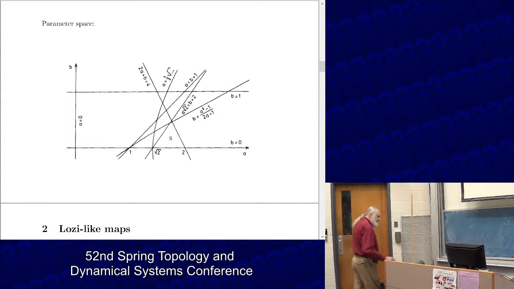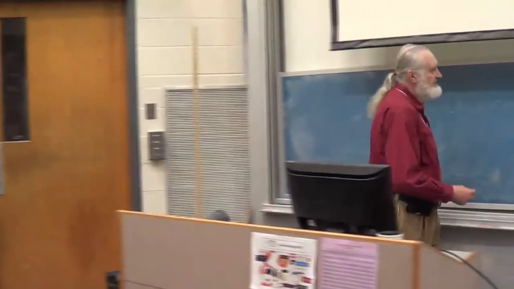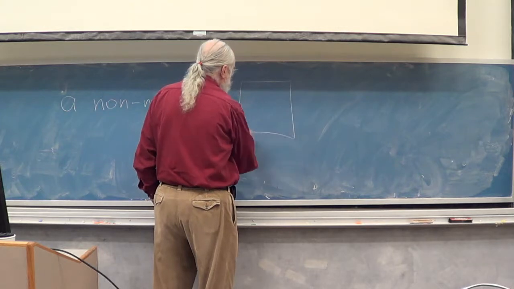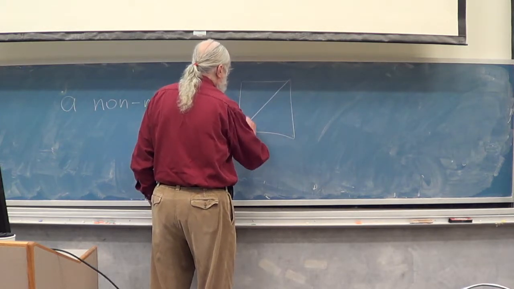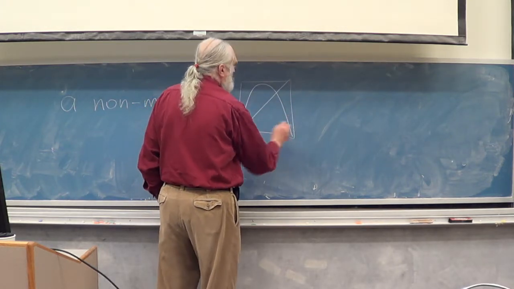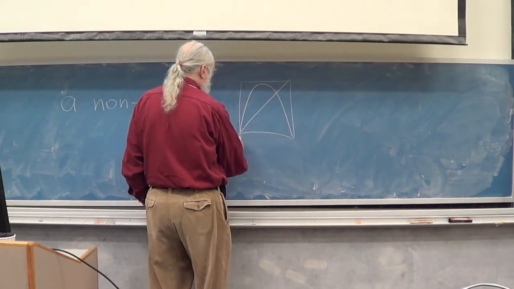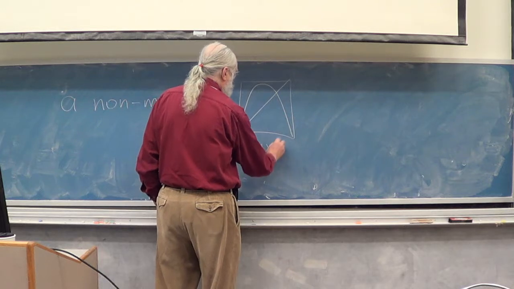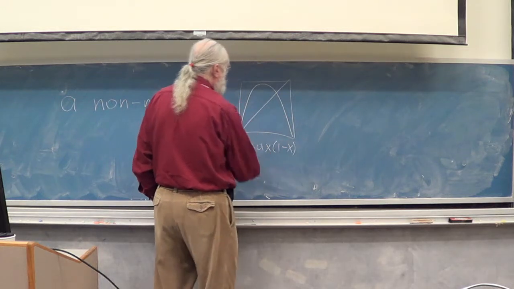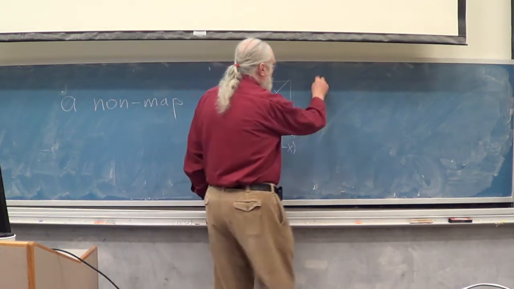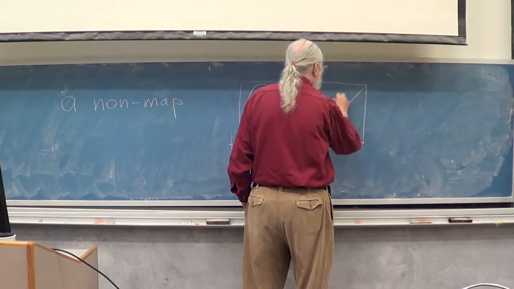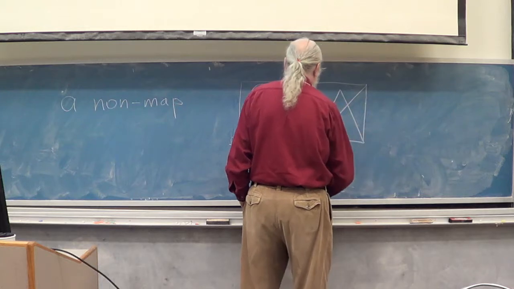And basically, the difference is the same as between the quadratic maps, f of x equals ax(1 minus x) on the interval [0, 1], and the tent maps, which are piecewise linear.